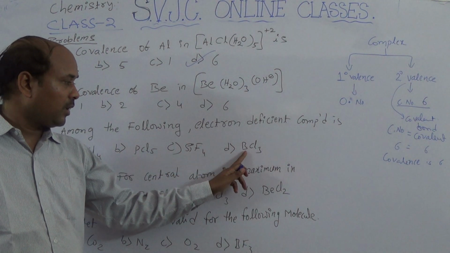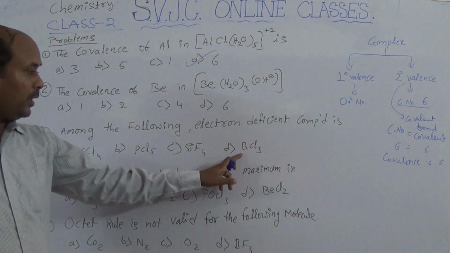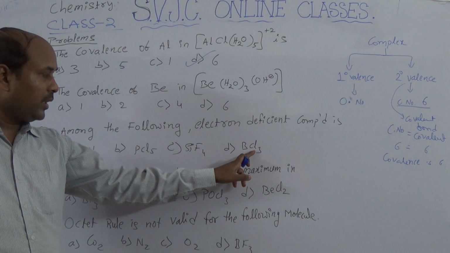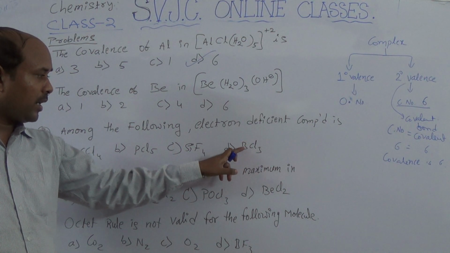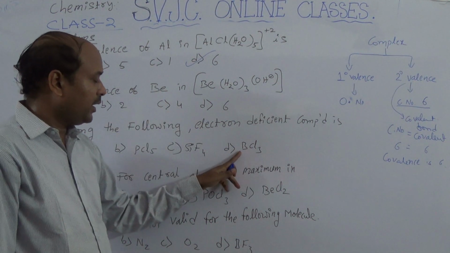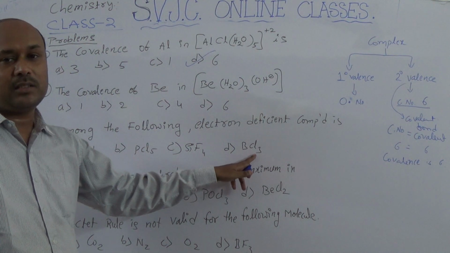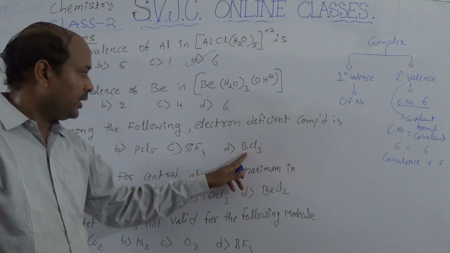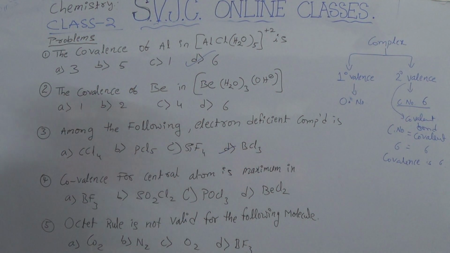In the fourth one, boron belongs to the third group and its covalency is 3. Around boron, 3 bonds exist, and 3 bonds means 6 electrons, less than 8 electrons. So boron trichloride is an example of an electron deficient compound. Okay. Then one more question.